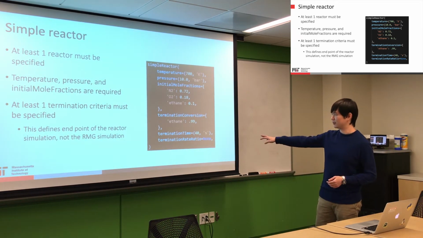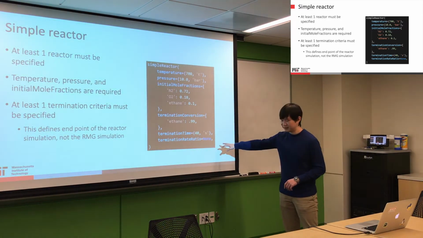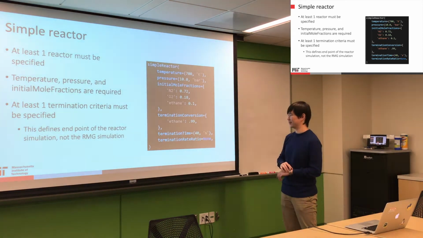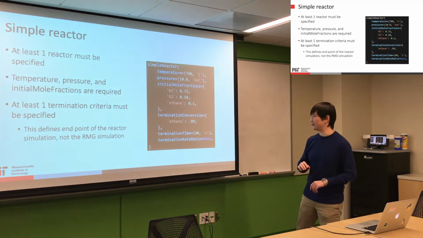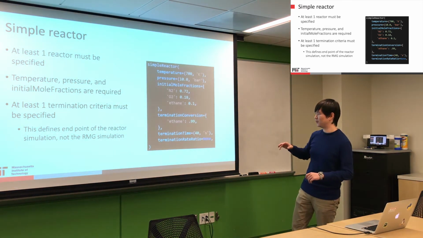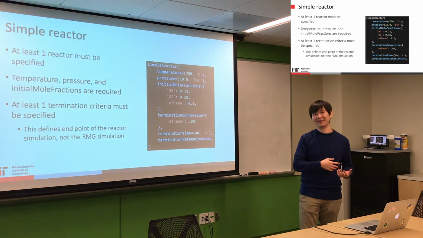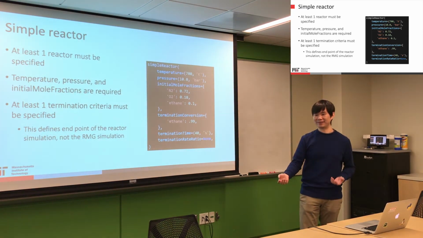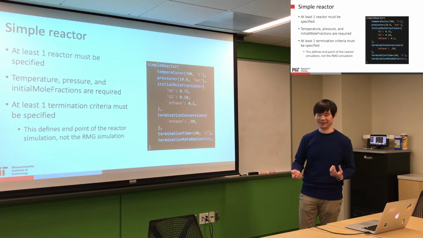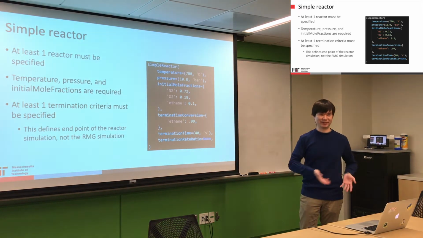You can also specify termination time, which is very straightforward, and termination rate ratio, which is slightly more difficult conceptually, but it refers to the characteristic rate at any time relative to the maximum characteristic rate of the simulation. For example, when you have a lot of things reacting, your characteristic rate will be very high.